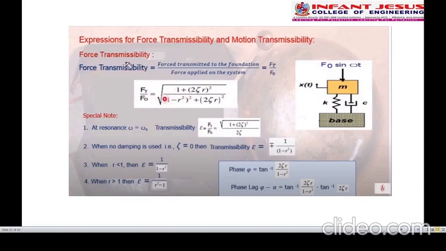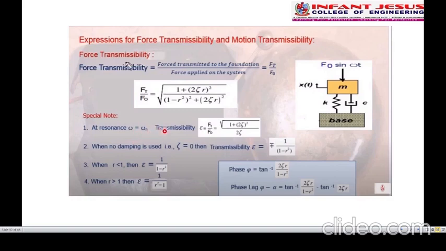From this formula we are going to write four results based on the frequency. At resonance, the frequency ratio r is equal to 1, that is, when omega equals omega n.